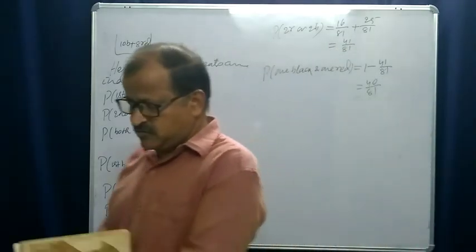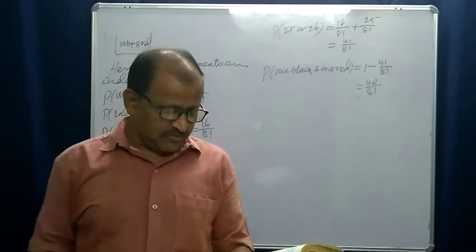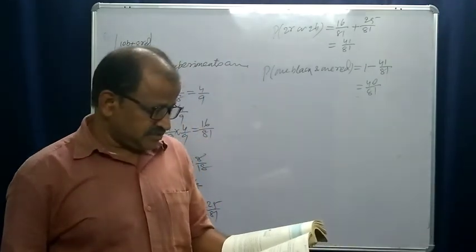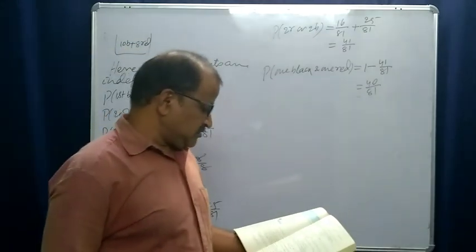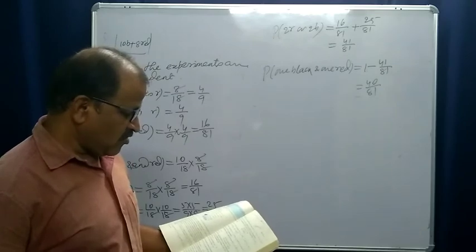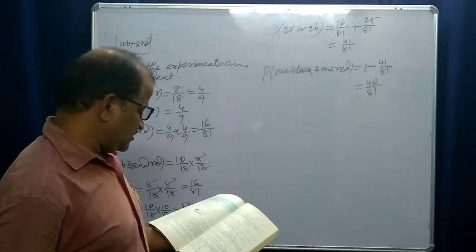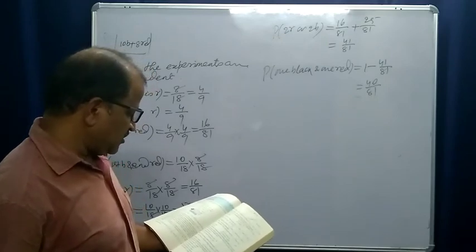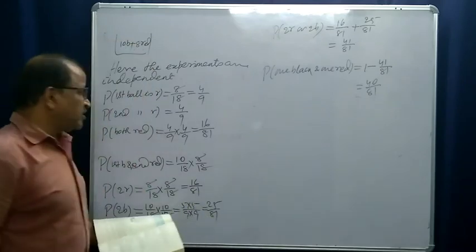This is the probability that one of them is black and one of them is red. Question 13 is complete.